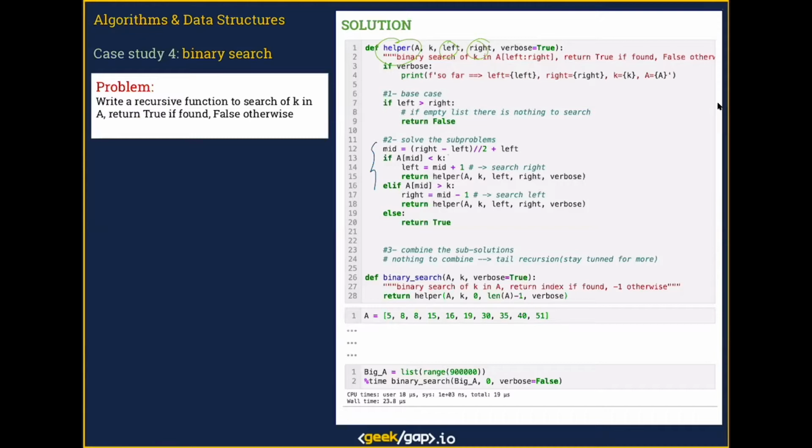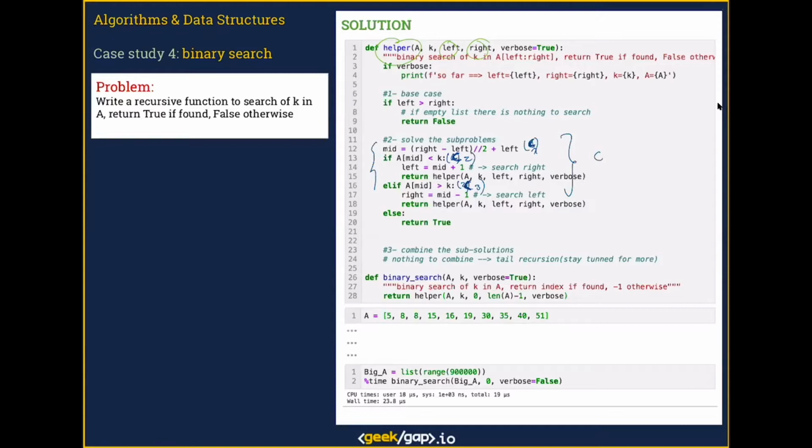You have one comparison, potentially two, in order to decide what to do next. This may take C1, this comparison maybe C2, this one maybe C3, and altogether a general constant that we can call C.